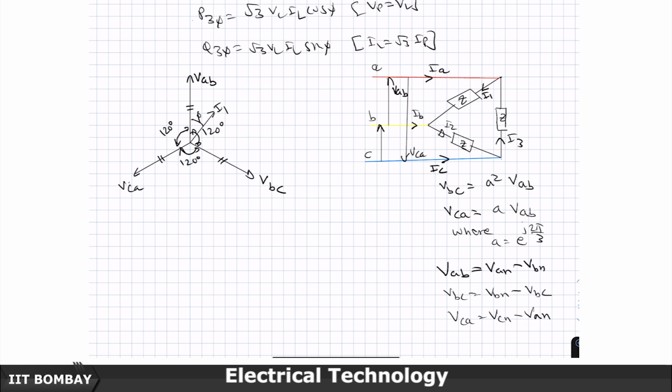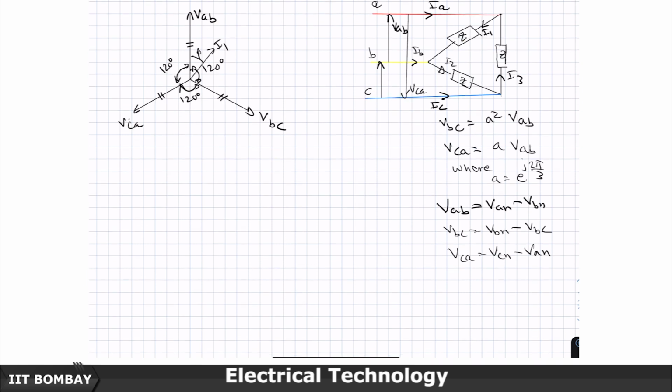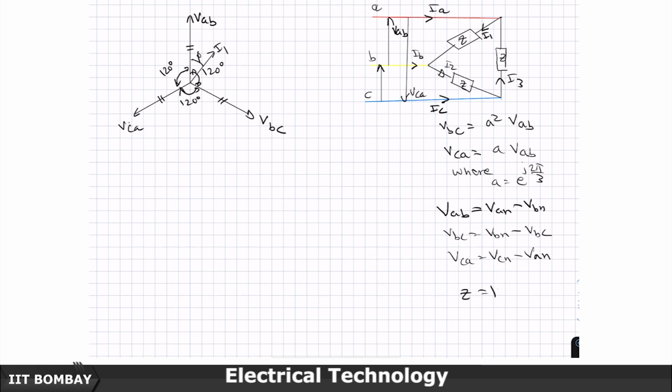Now, the complex impedance Z in polar form has magnitude Z and its angle is phi, something positive is assumed.